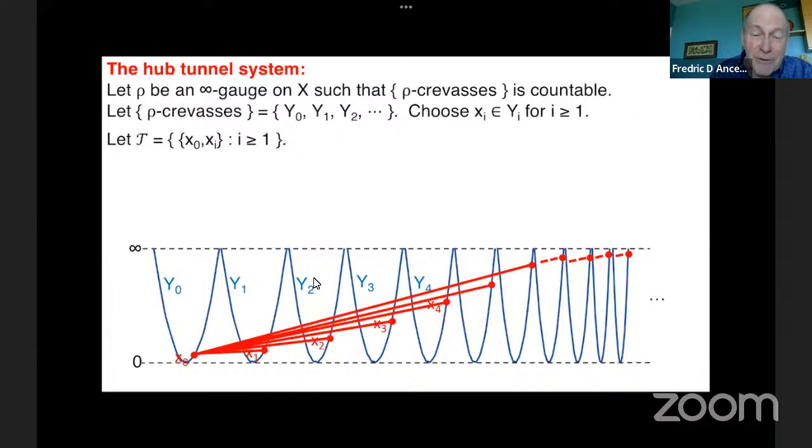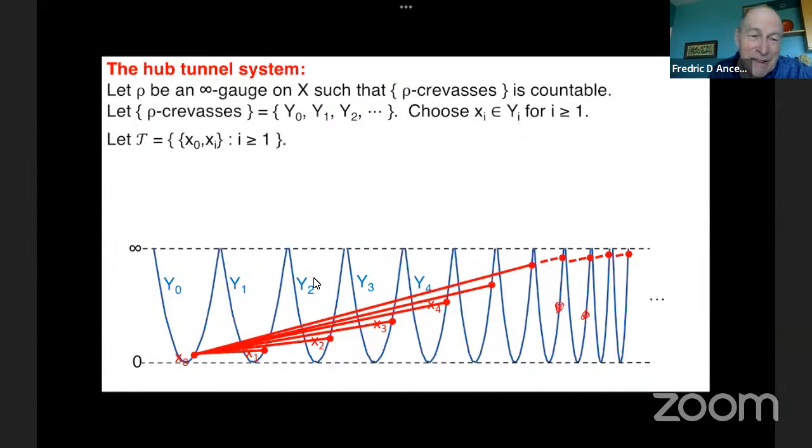So it's very inefficient to get, say, from here to here, you've got to go back to x0. You got to go all the way back to the beginning. And so that's why I call it a bad tunnel system.